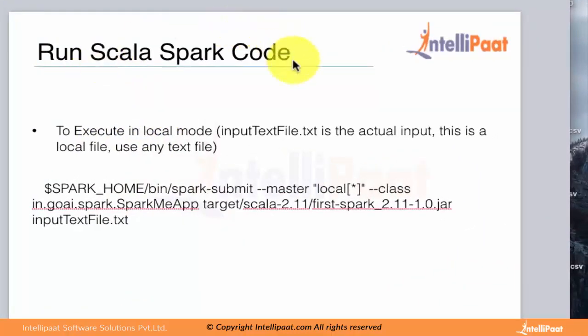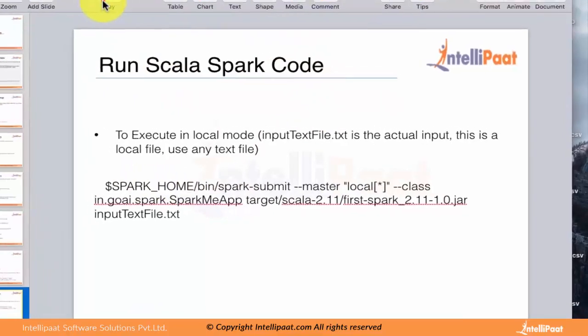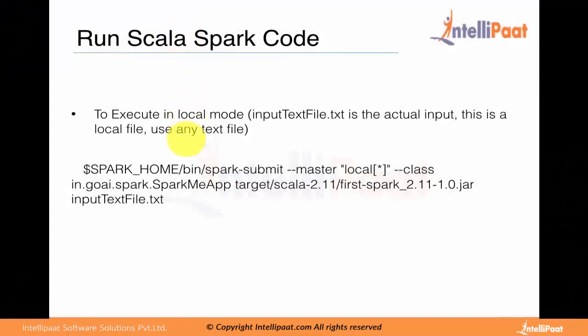So to run the Spark code, to execute in a local mode, you just figure out one text file that you want to use. It can be any text file, just create any text file that you want to give as an input.